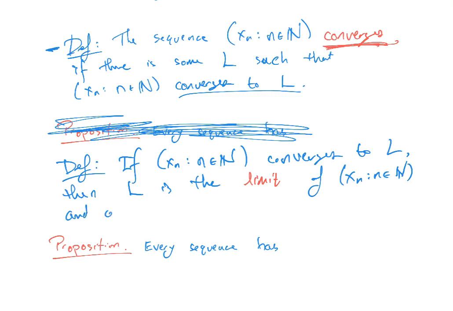And we write that the limit as n goes to infinity of x_n is equal to L. That's one of many notations we could use.